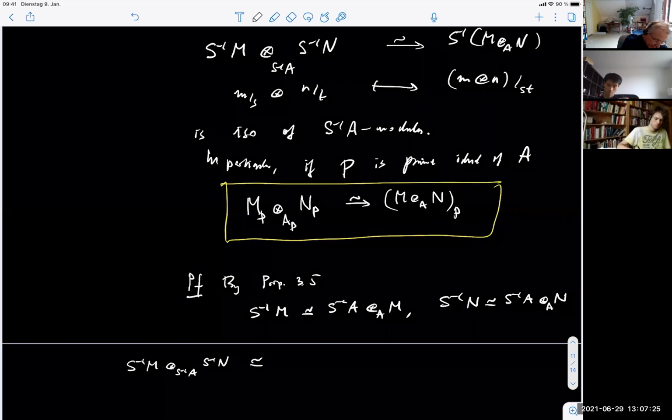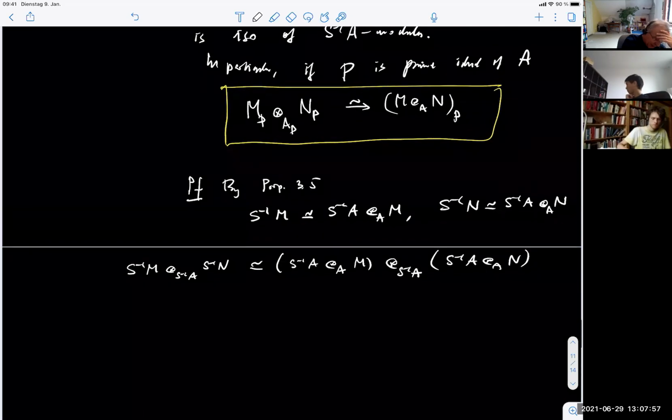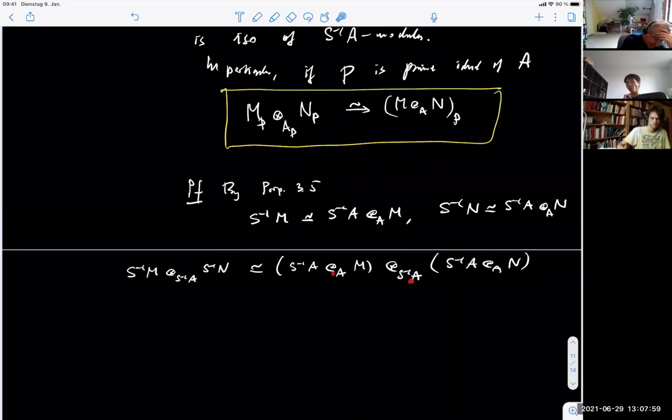So this is what I want. Now I replace these two things by these two things, but I put parentheses. The difficulty is that now we have these different rings here.